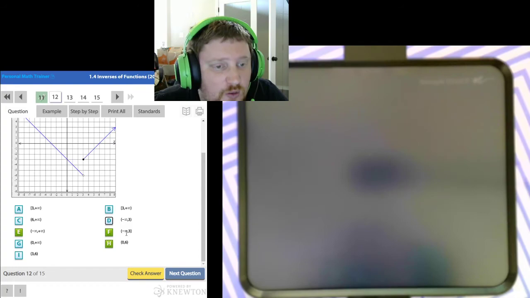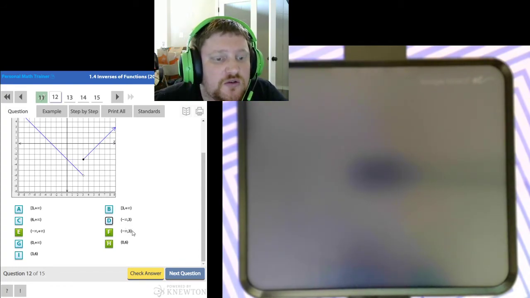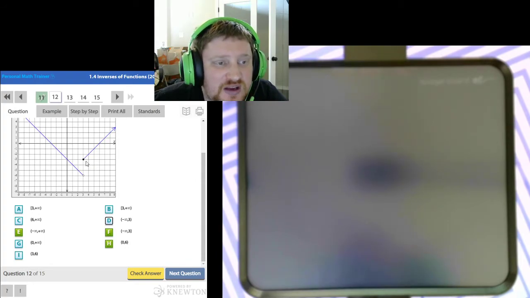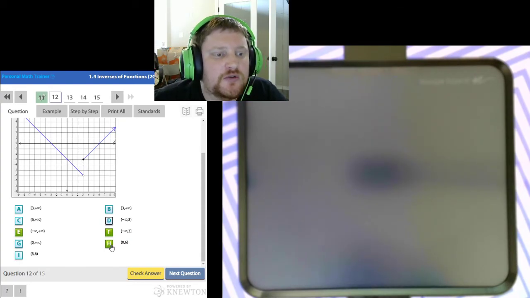And here is that question exactly. Negative infinity to 3, including 3. Because it includes 3, it includes this point, and it therefore fails the horizontal line test right here. 0 to 6.